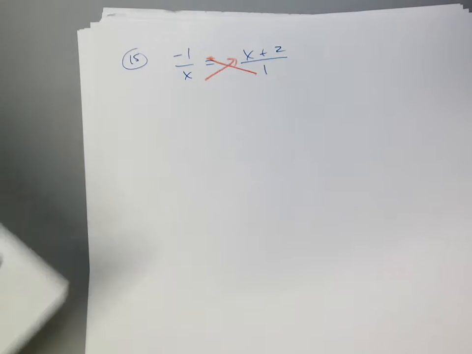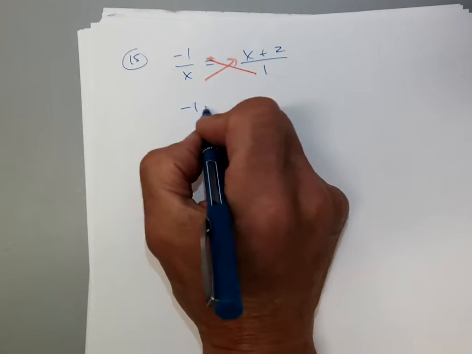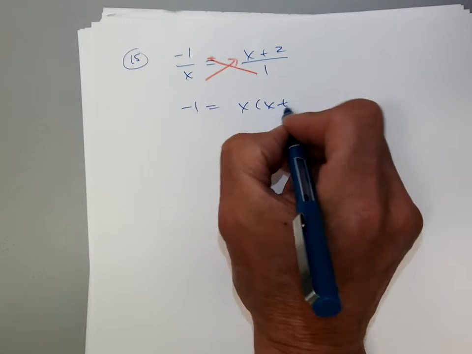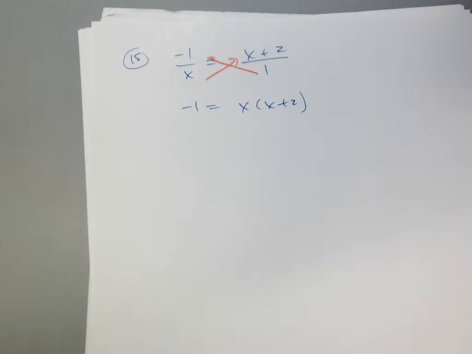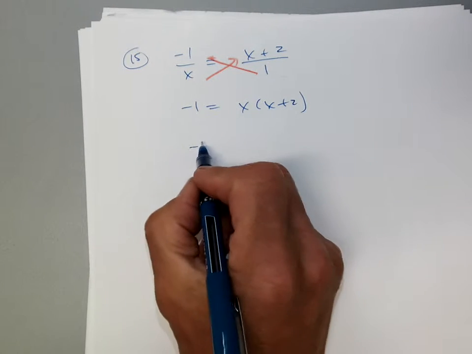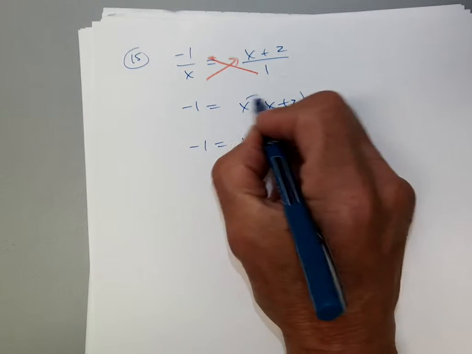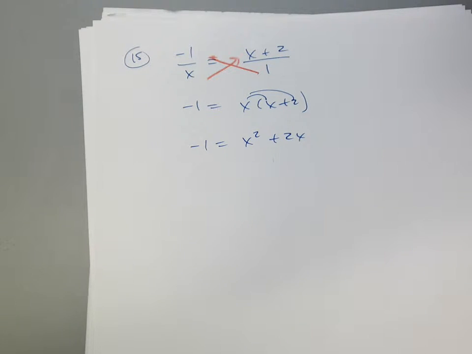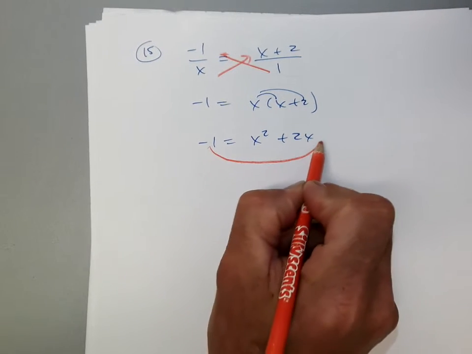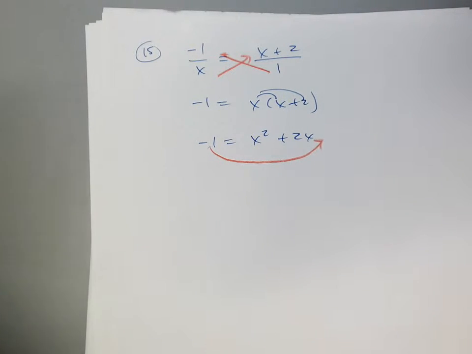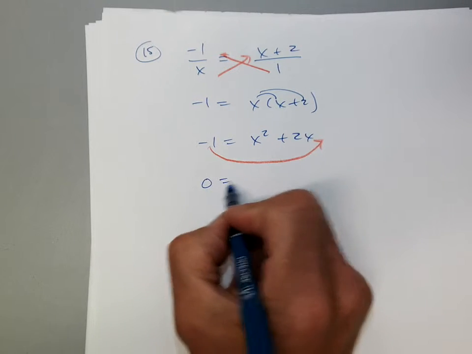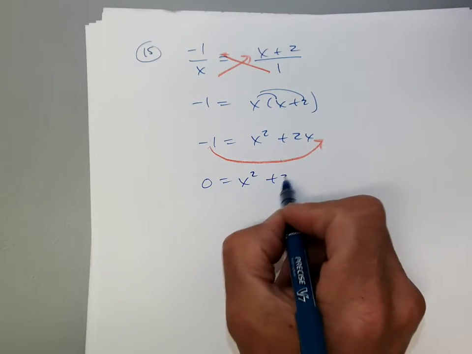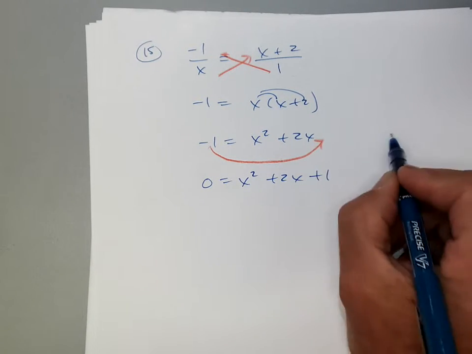So I'm going to have negative 1 equals x times x plus 2, right? Negative 1 equals x squared plus 2x, right? Bring over the 1. Let's add the 1. So 0 equals x squared plus 2x plus 1.